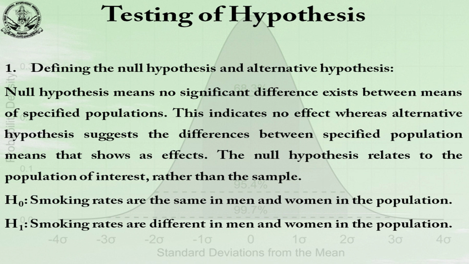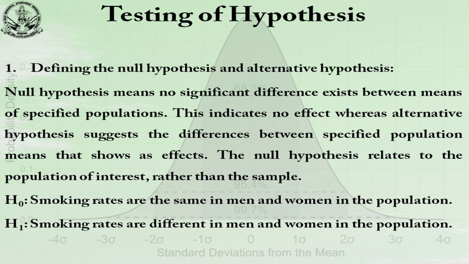Both are the same. But the alternative is that smoking rates are different in men and women in the population. So we have to go through statistical inference to find this. We have to test this hypothesis to see which one is true.